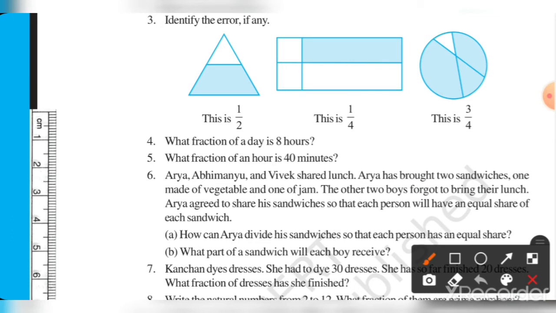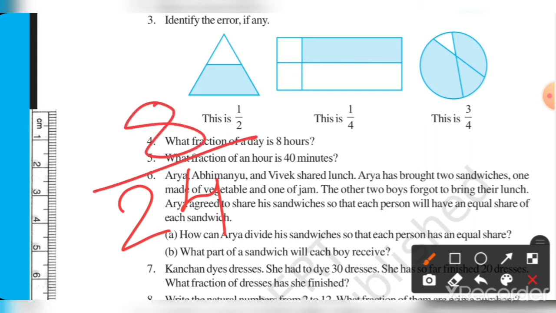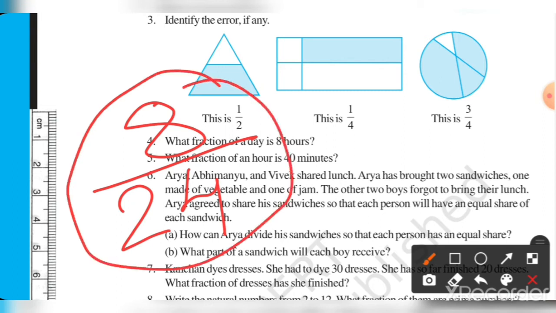There are 24 hours in a day. And what fraction of a day is 8 hours? Let us find out. Say the table of 8. This is your answer, 8/24.